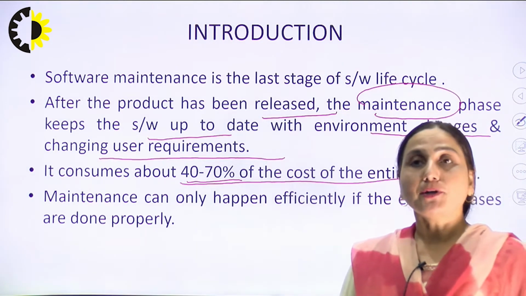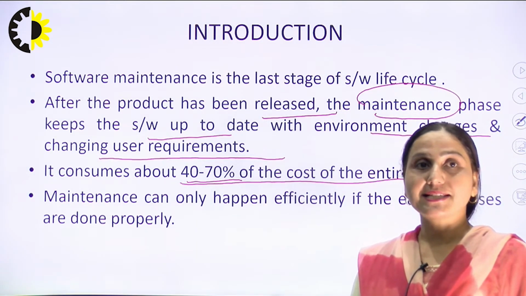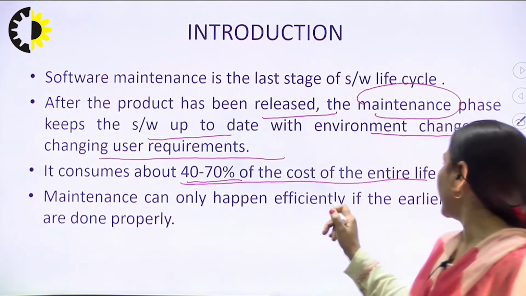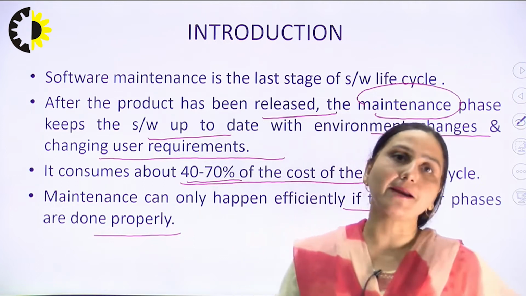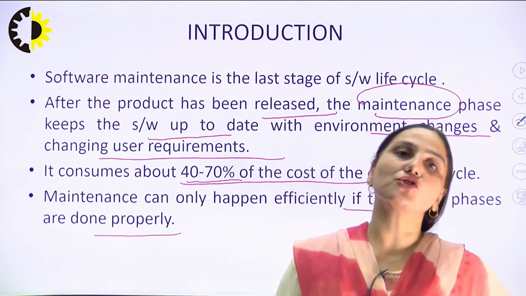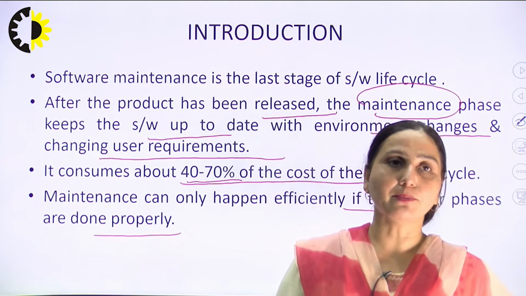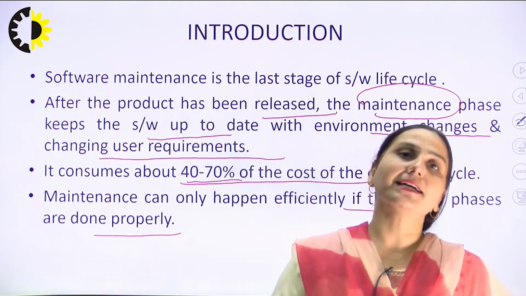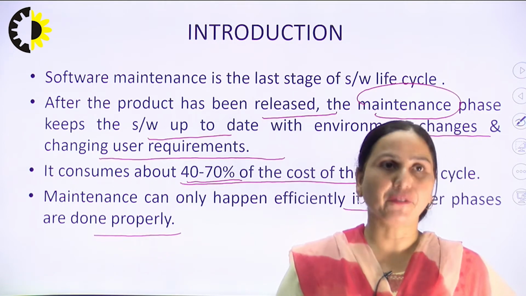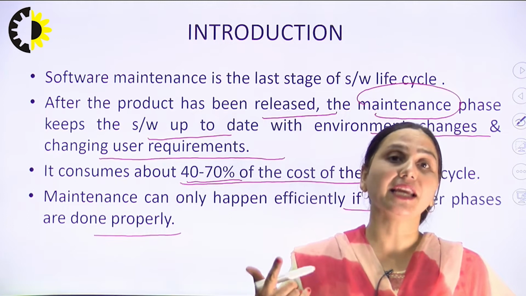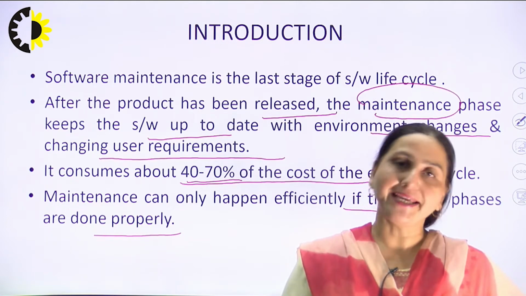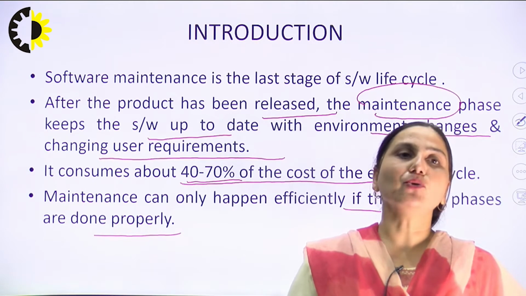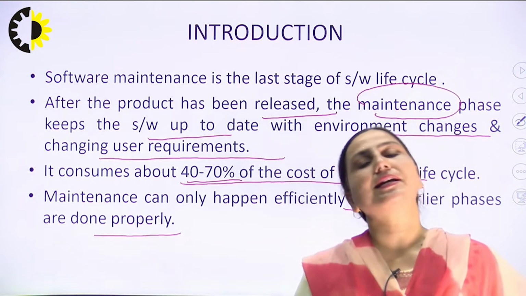Now, the important thing is that this phase can only happen efficiently if the earlier phases are done properly. In other words, if the earlier phases of the software development life cycle have not been done properly, then we cannot say that maintenance is going to happen efficiently. We can incorporate changes in the software efficiently if and only if the prior phases are done properly.